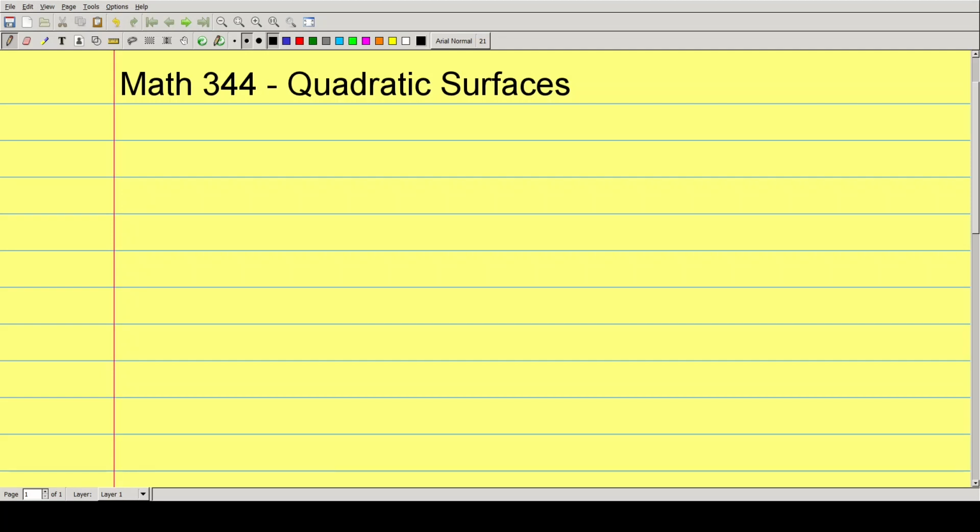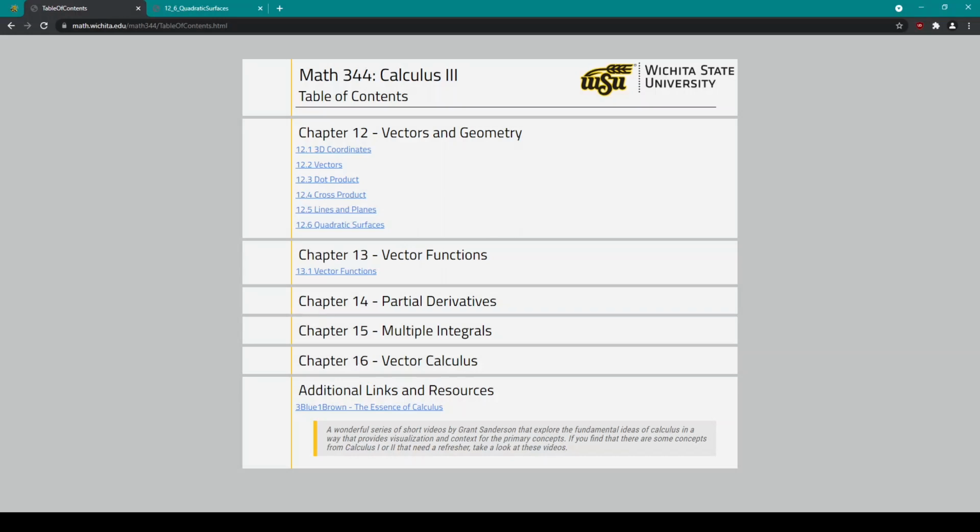The 12.5 and 13.1 were already posted if you had looked at this already, but 12.6 is up there now as well. So you can check those out. I'll be referring to some of this today as well.